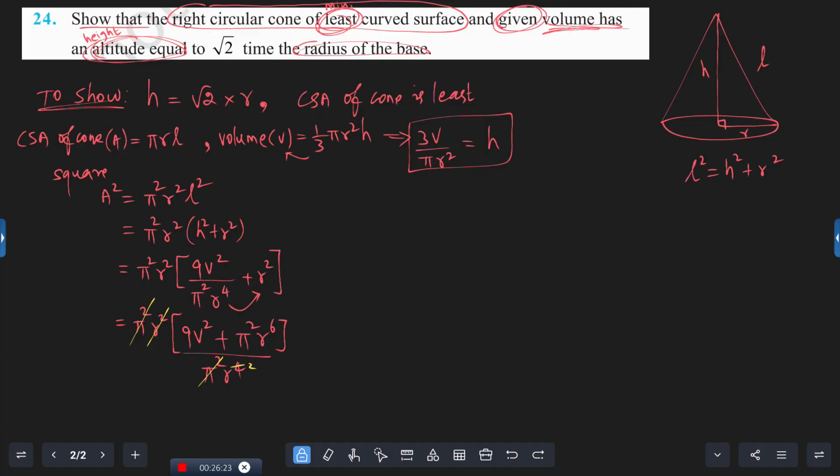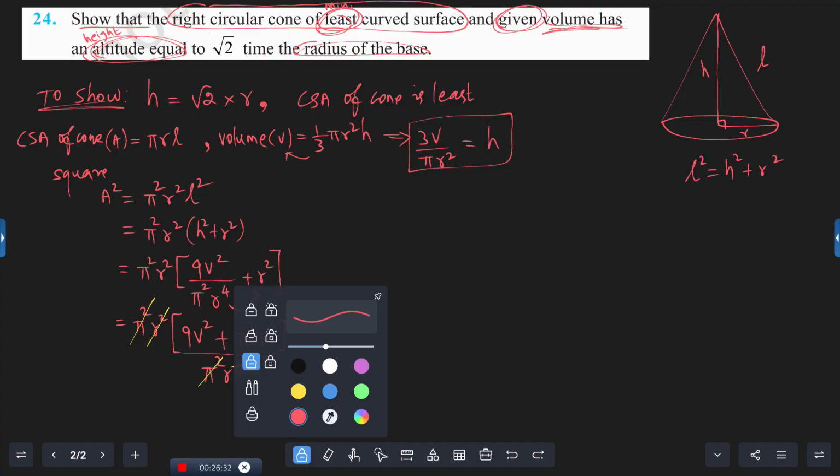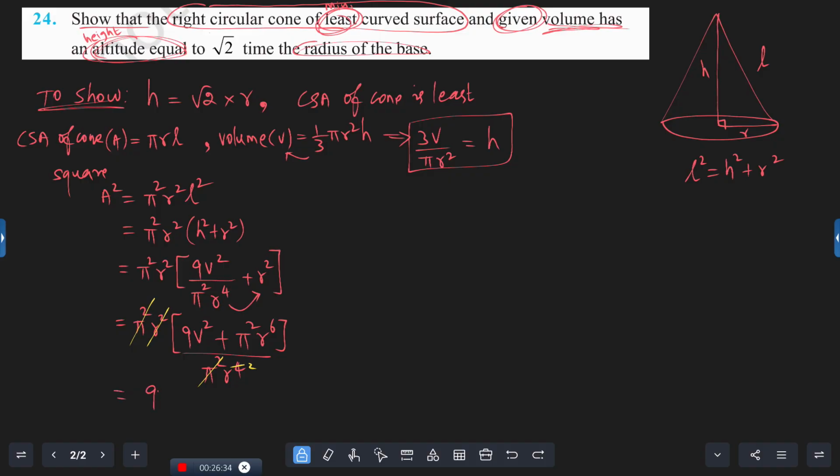Give R square separately again. So 9 V square divided by R square plus pi square R power 6 by R square, if you divide, R power 4 is remaining. So this is A square.